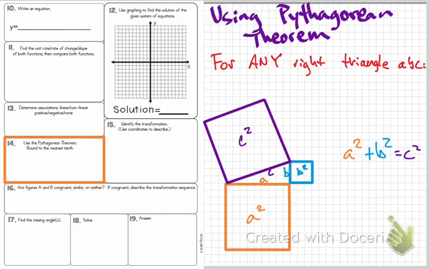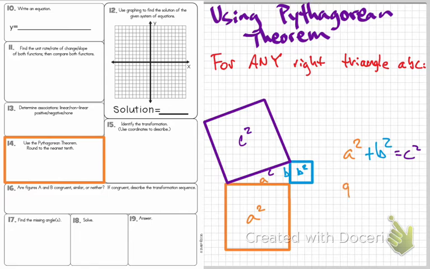Now, in this particular triangle, we can apply this to find the missing side length. So, for example, I could simply count the sides of this triangle, and I could see that the orange side would equal 9.